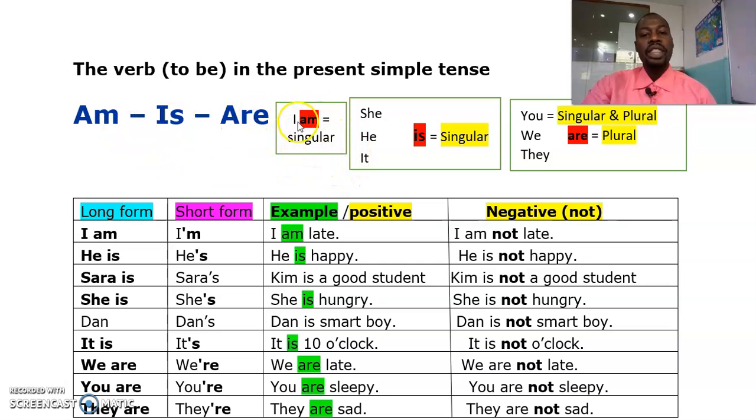Please remember that the subject I we use with the verb am, and that is singular. The subjects she, he, it we only use with the verb is, and these are also singular. The subjects you, we, they we use only with the verb are, and these are plural subjects.